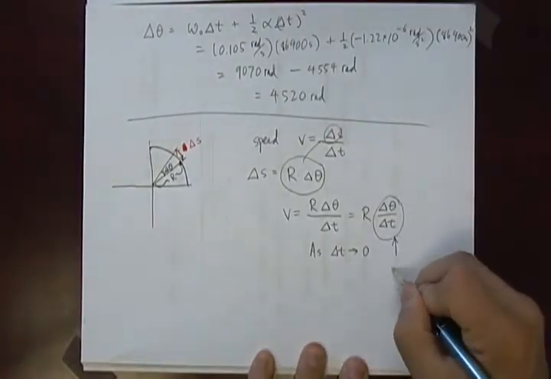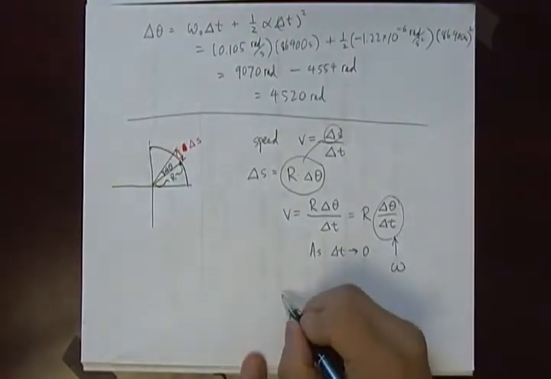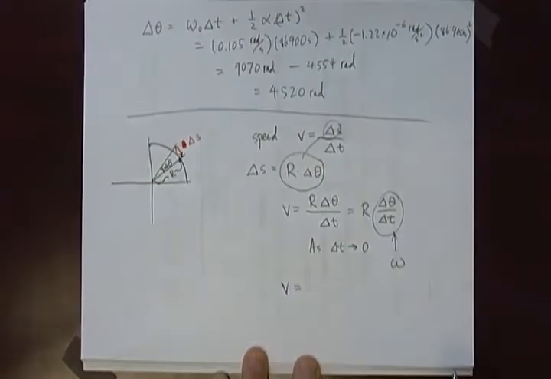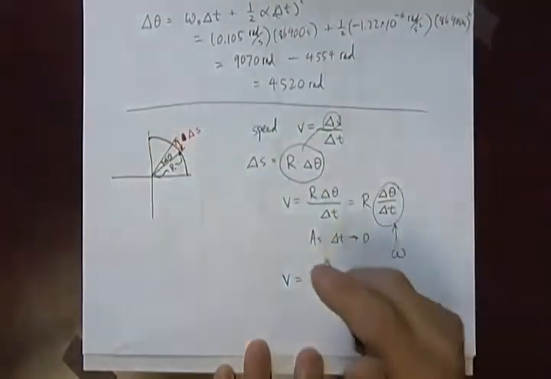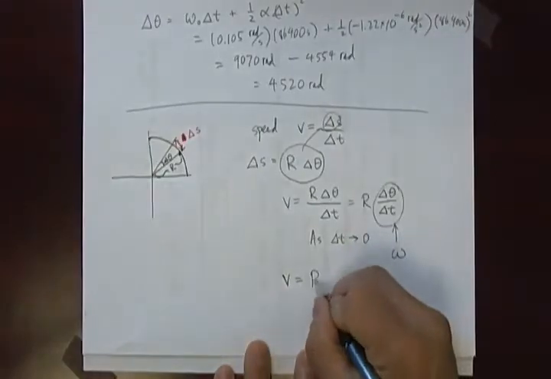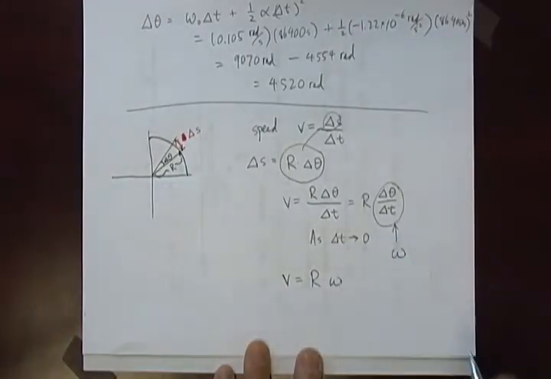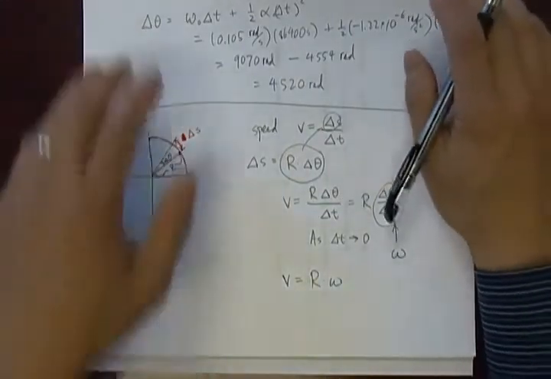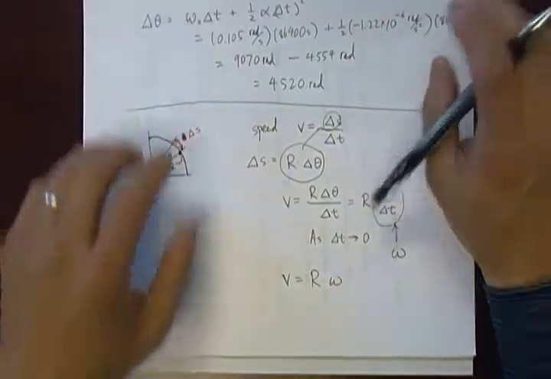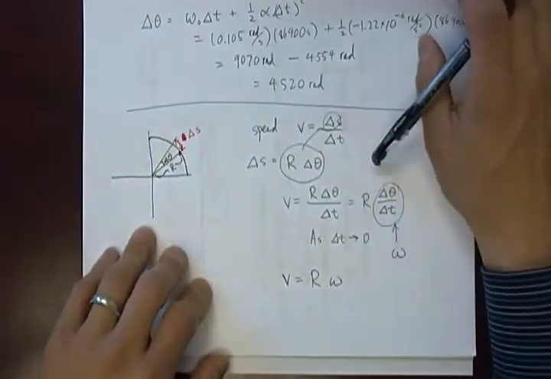So this becomes omega. So we have this relation that how fast this object is going is r times the angular velocity. Questions about this or anything relating to this, please give me an email.